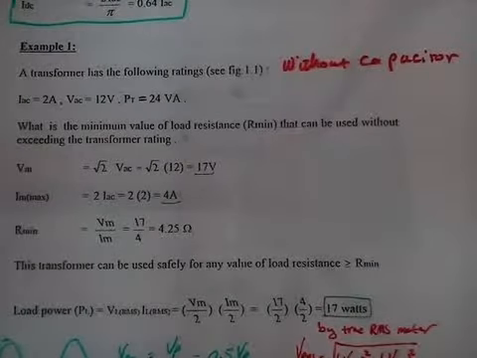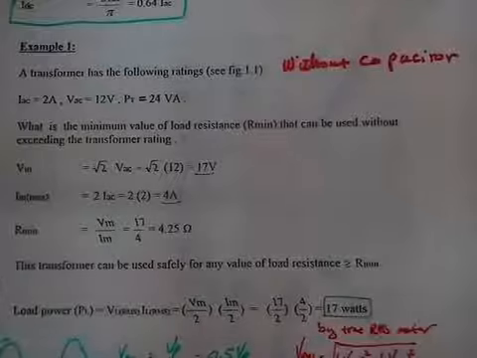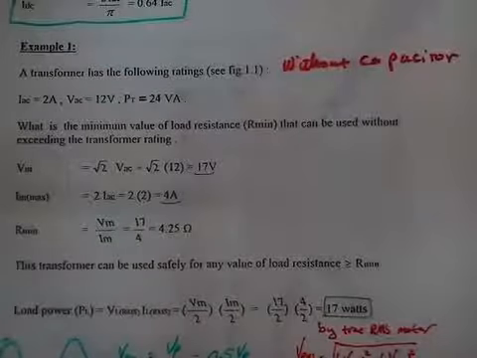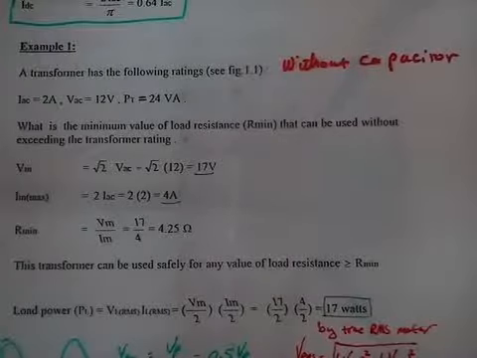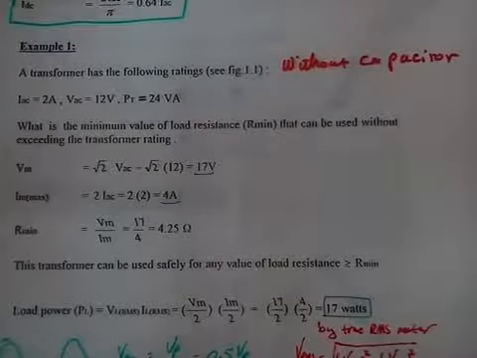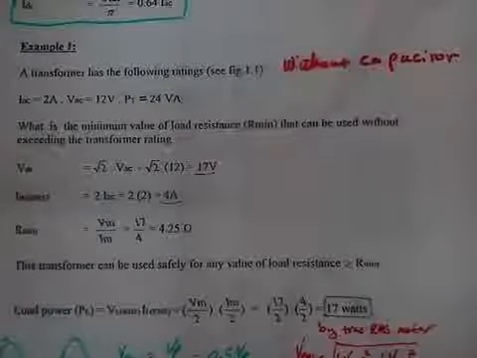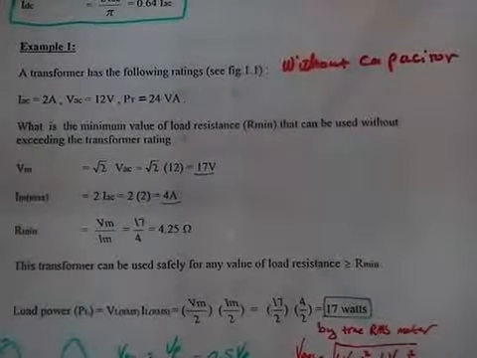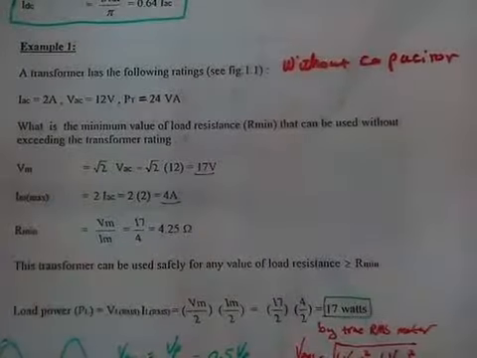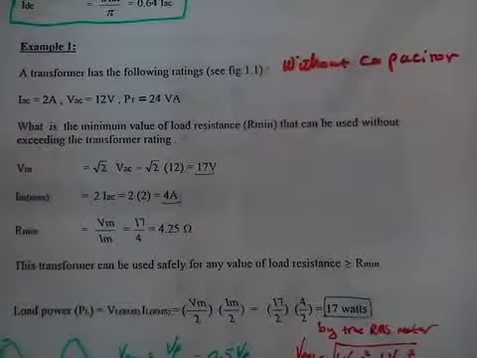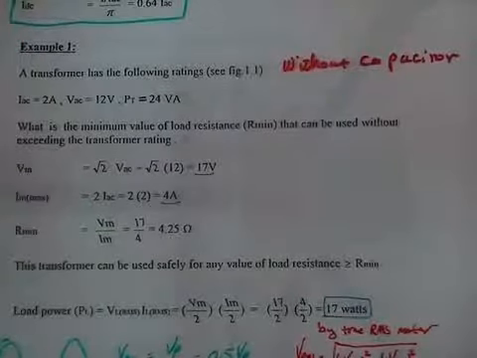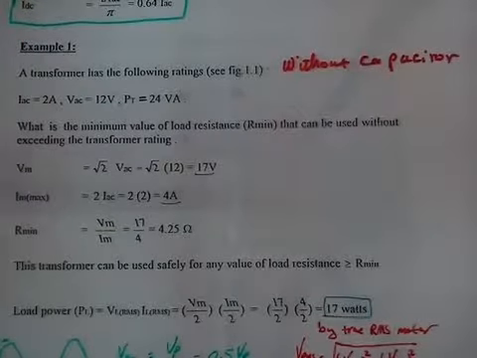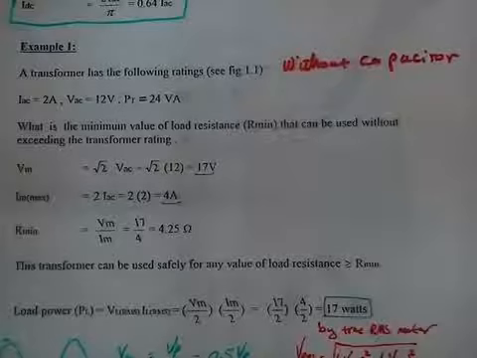Now we'll have our first example. And like I said before, the same transformer will be used in all the configurations: the half wave rectifier power supply, the full wave center tapped power supply, and the full wave bridge.